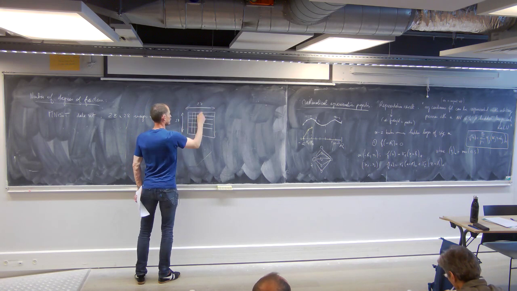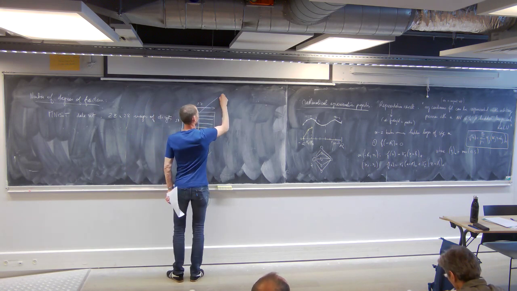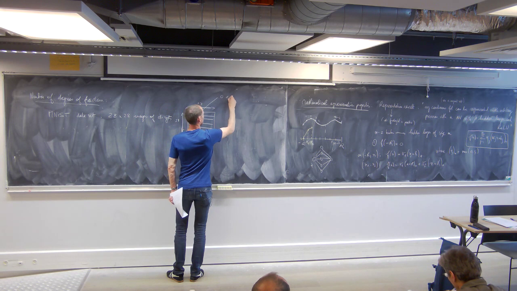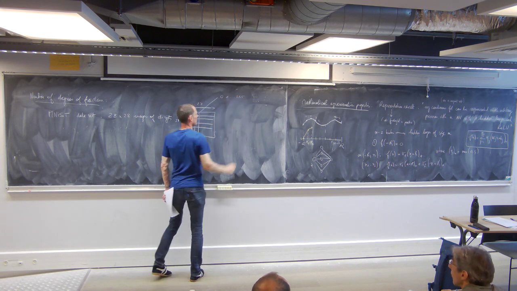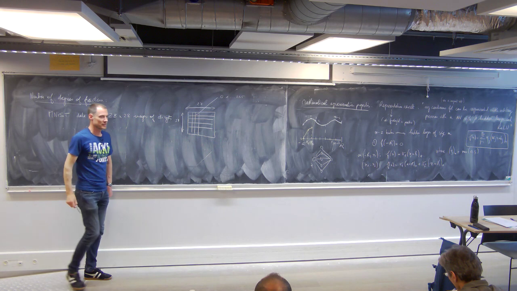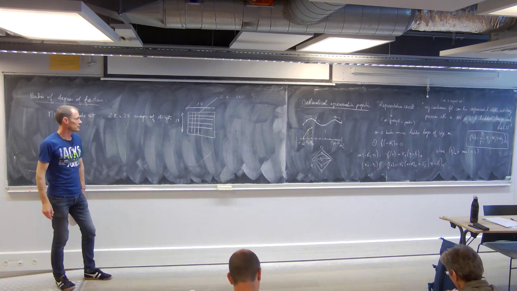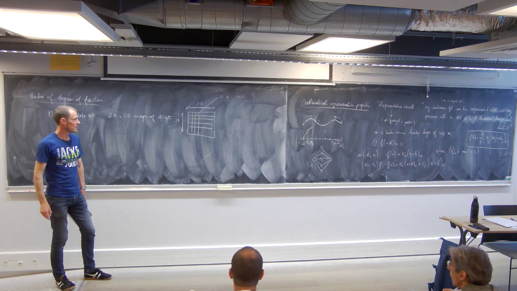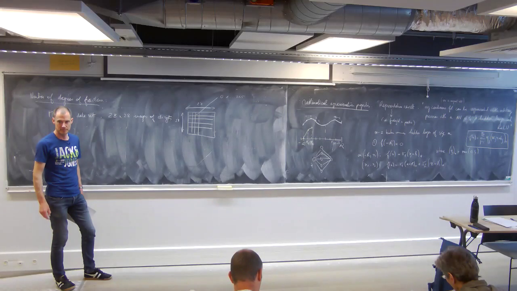And each of the entries is an integer between 0 and 255 that determines the intensity of the pixel. So 0 is white, 255 is black, and then you have all shades of gray in between.